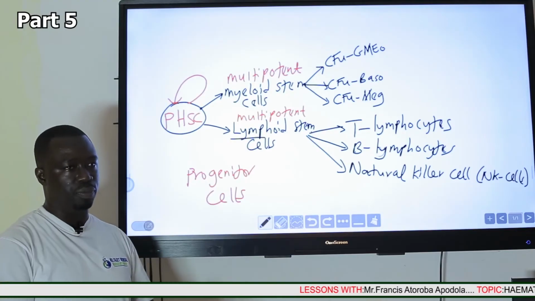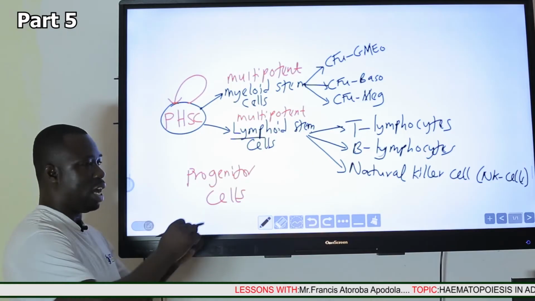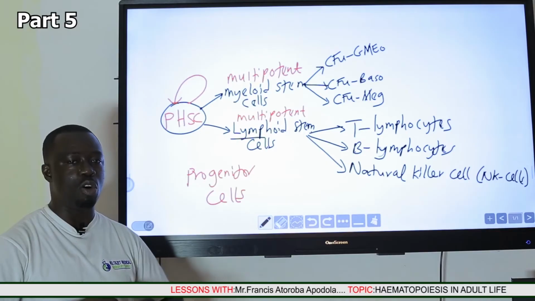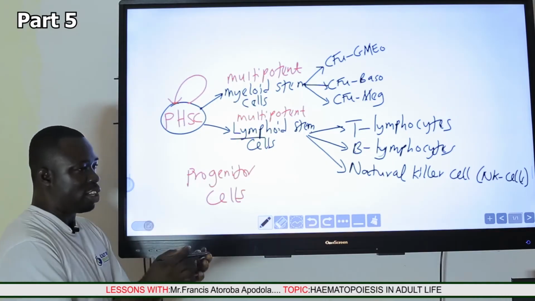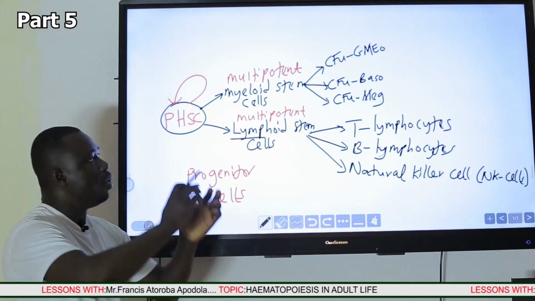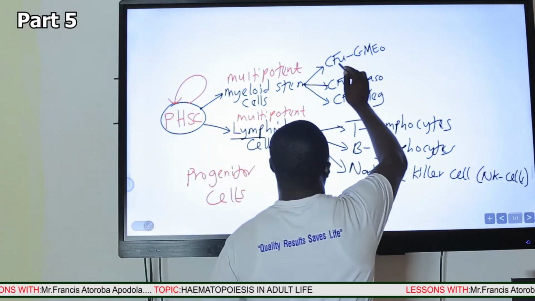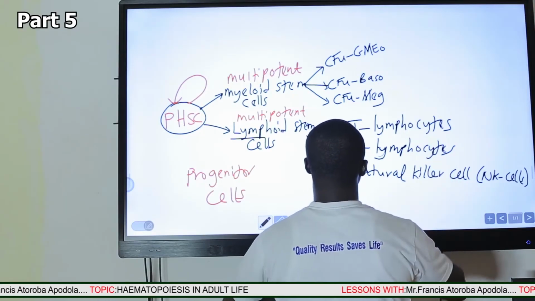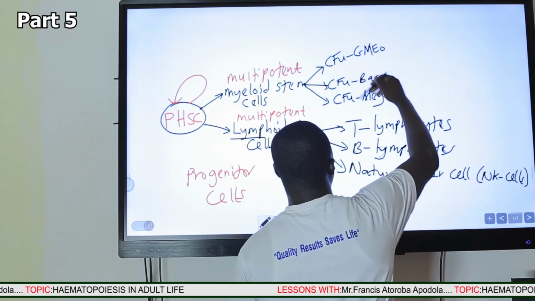In hematology, when it comes to hematopoiesis, the colony as used here refers to a group or a collection of hematopoietic stem cells. So when we have a group of hematopoietic stem cells together, we call it a colony.